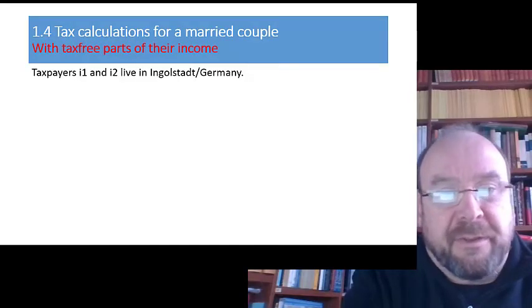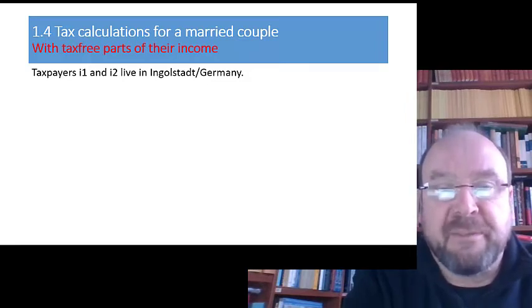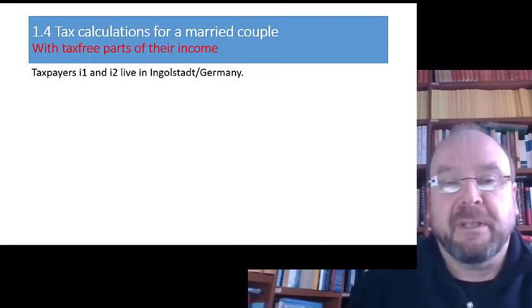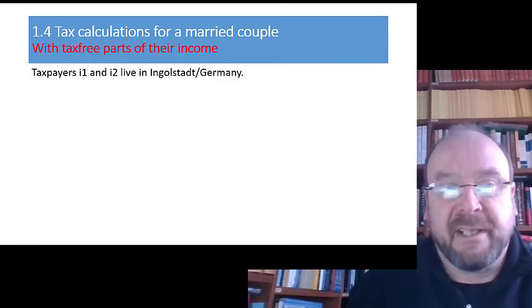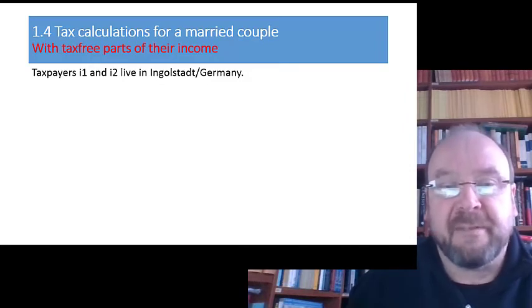After you got the basic principle of that joint assessment procedure, the splitting tariff, you will even be able to understand what happens next if one or two of the spouses have tax-free parts of their income too.